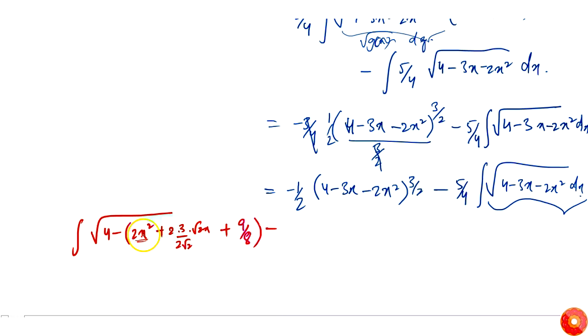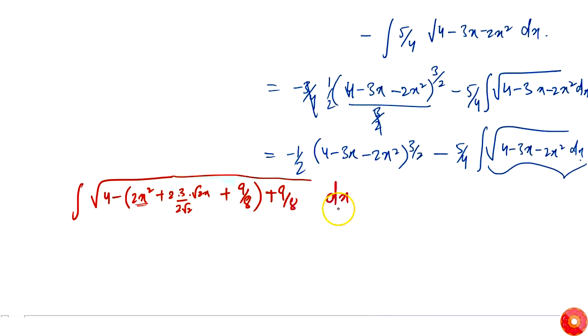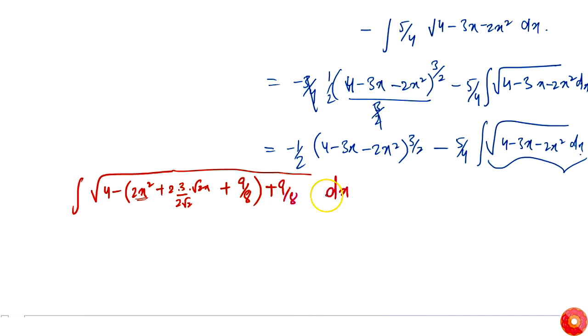Since it's in minus I will write this plus outside, plus 9 by 8 into dx. This is what is inside the square root part.